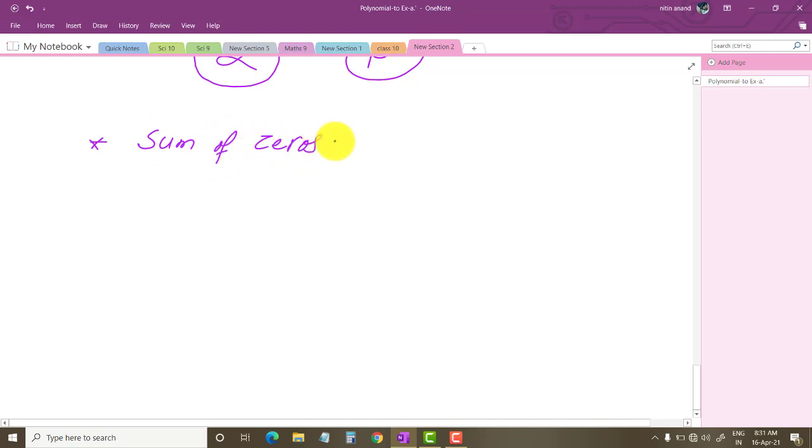The sum of zeros will be minus coefficient of x divided by coefficient of x squared.